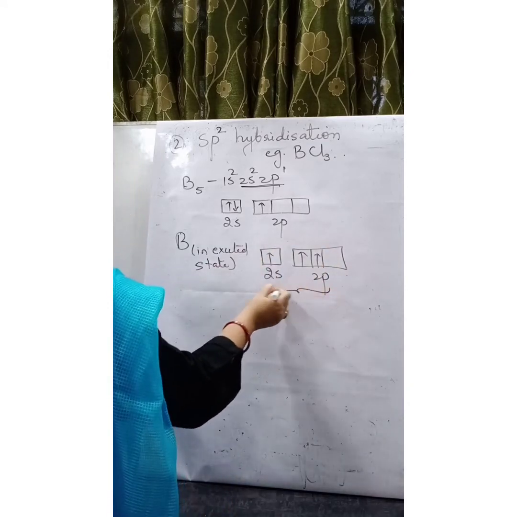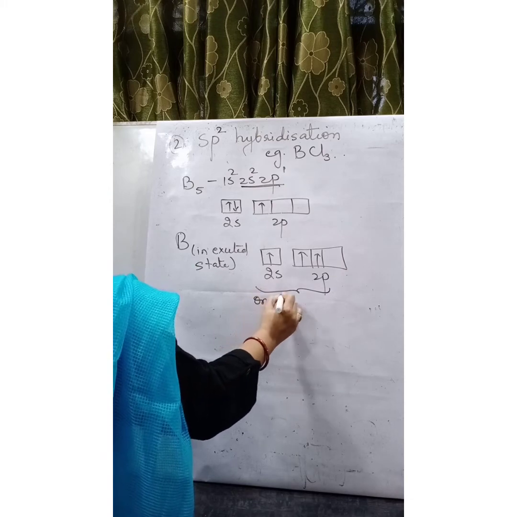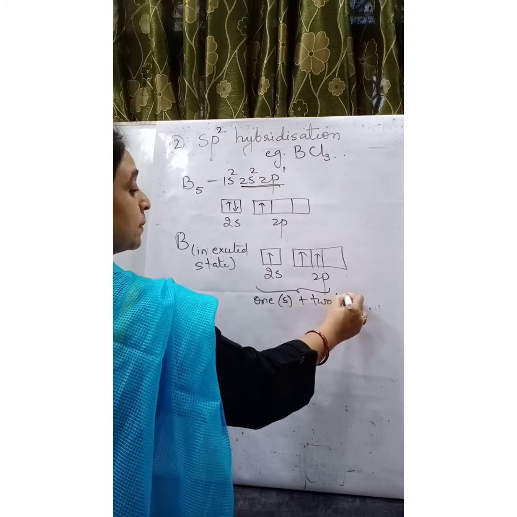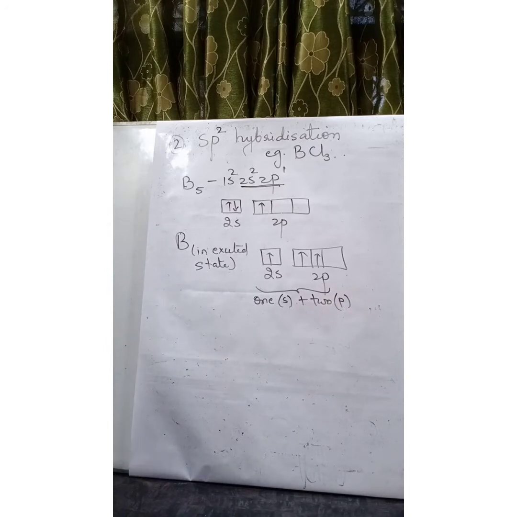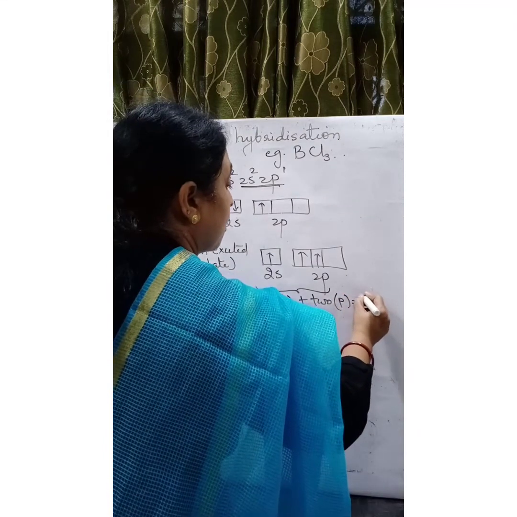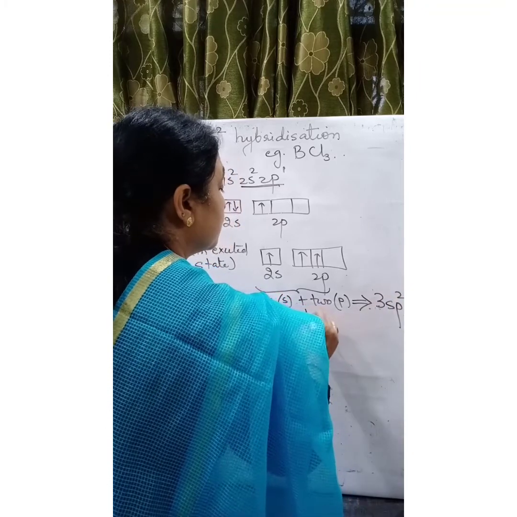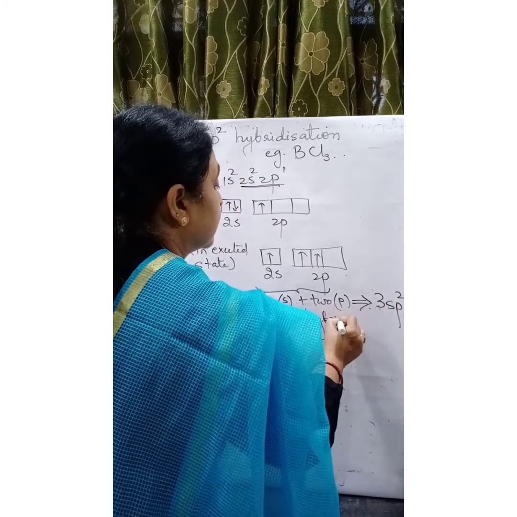Now here one s orbital and two p orbitals undergo hybridization. So basically 3 atomic orbitals are getting intermixed, resulting in the formation of 3 sp2 hybrid orbitals.